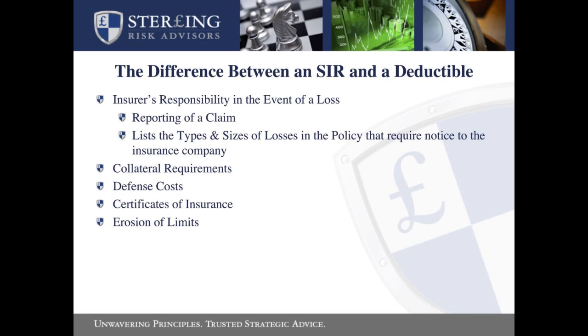And a deductible will generally require collateral, which we'll talk about later. Defense costs are generally handled differently between the self-insured retention and deductible. Already mentioned certificate of insurance, and then your erosion of limits. The self-insured retention may erode the limit, excess of the self-insured retention, or generally in a deductible, the limit is the limit. If you buy $1 million limit with a $250,000 deductible, the limit is still $1 million.